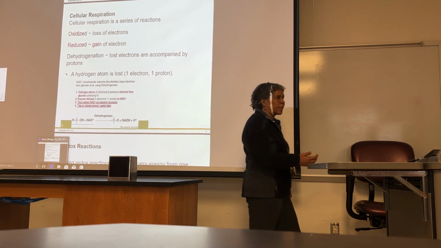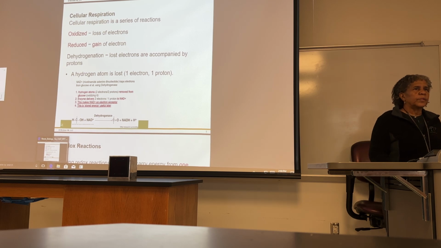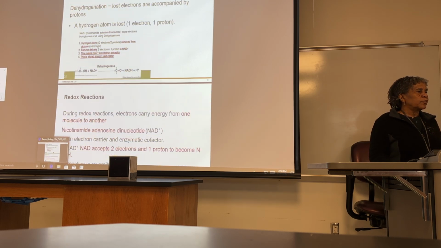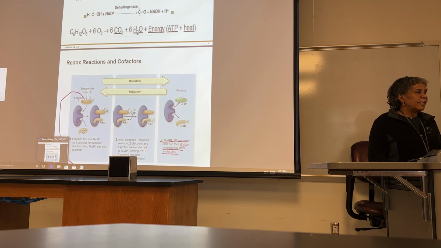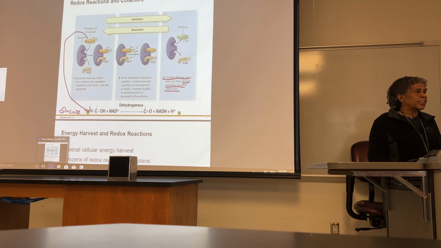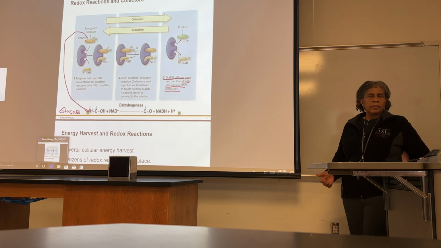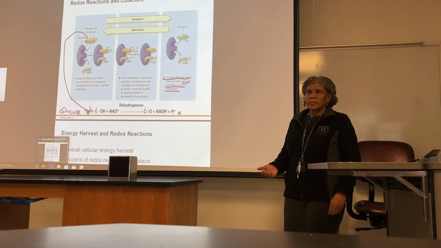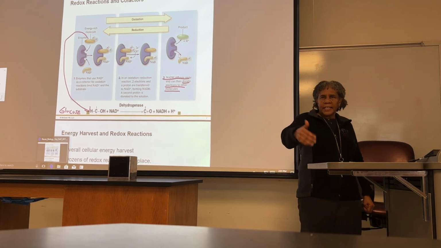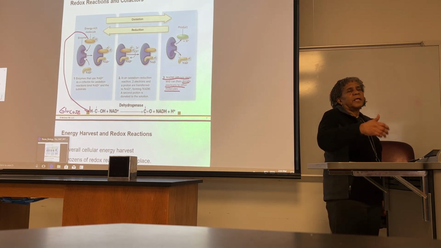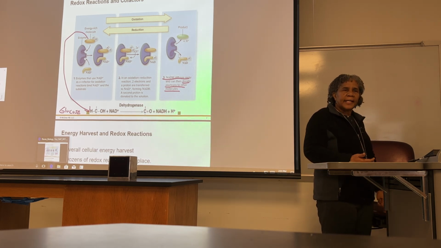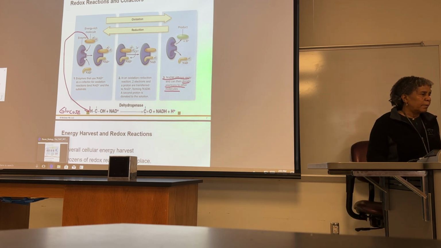You're literally stripping electrons when you go through a digestive process, and those electrons are temporarily given to NAD to make it NADH, in the form of electrons and protons, actually. It's NAD to make NADH for us, and NADP to make NADPH for plants.